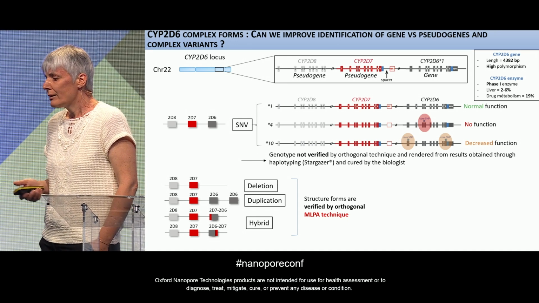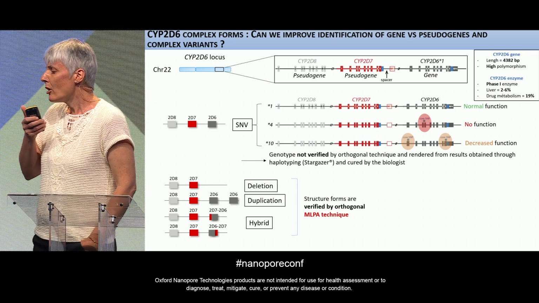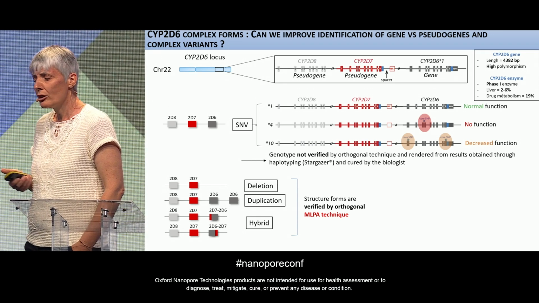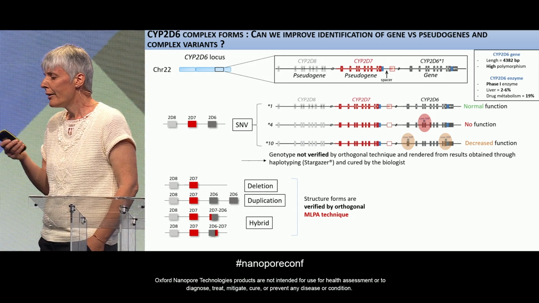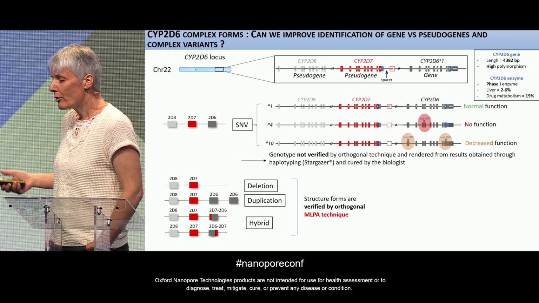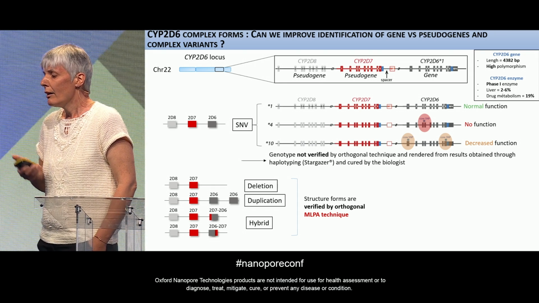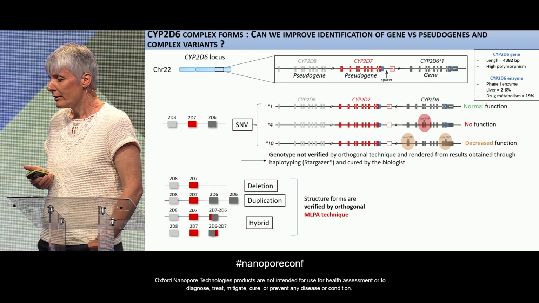In addition, the CYP2D6 gene can have a lot of polymorphisms. Some of them are linked to non-functional or decreased function alleles. So we have to identify these variants.